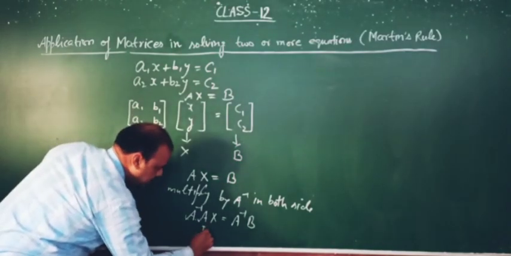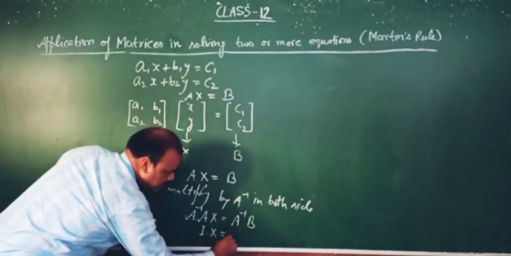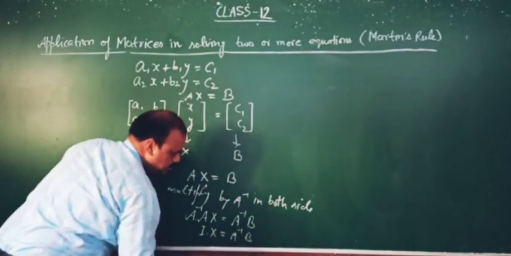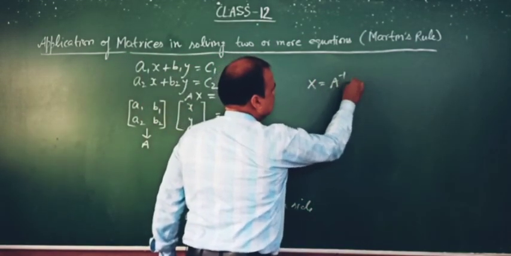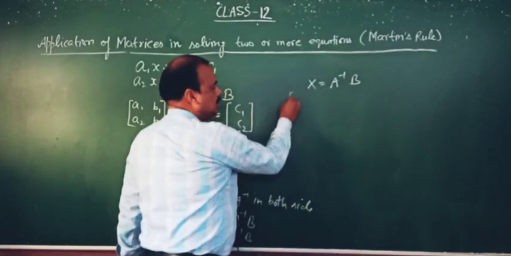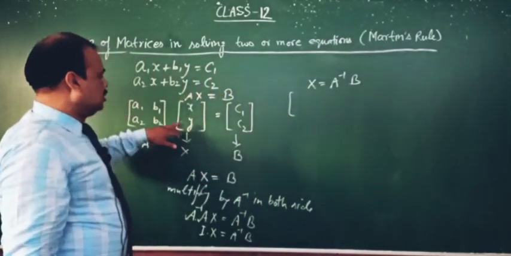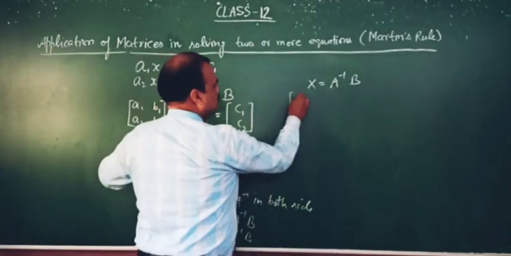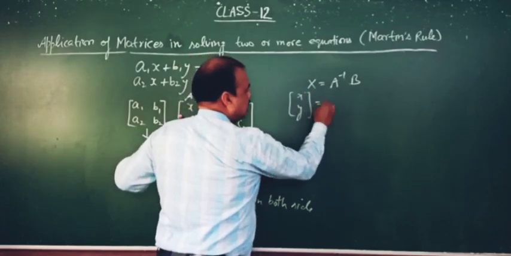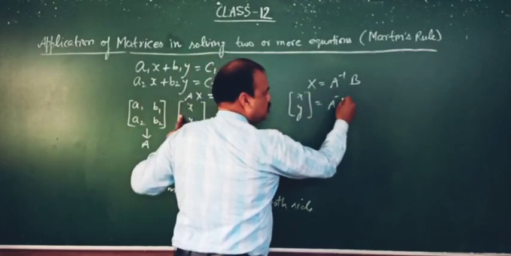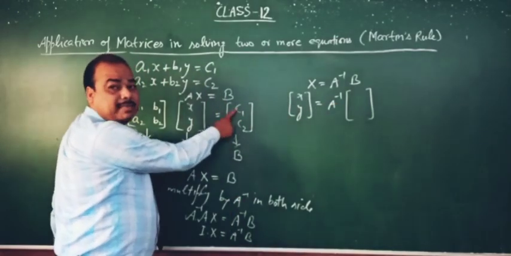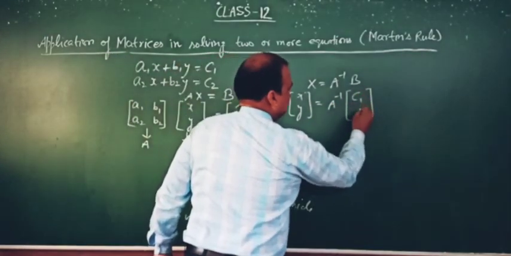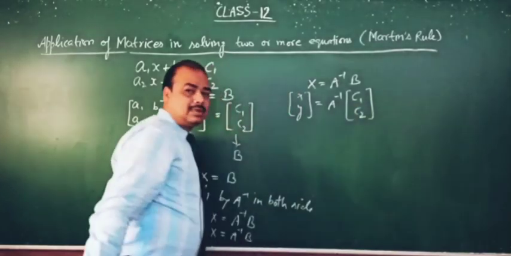So I into X equal to A inverse B. Now X equal to A inverse B. X is the variable matrix, it means x and y. A inverse into B. B is the constant matrix, it means c1 and c2.